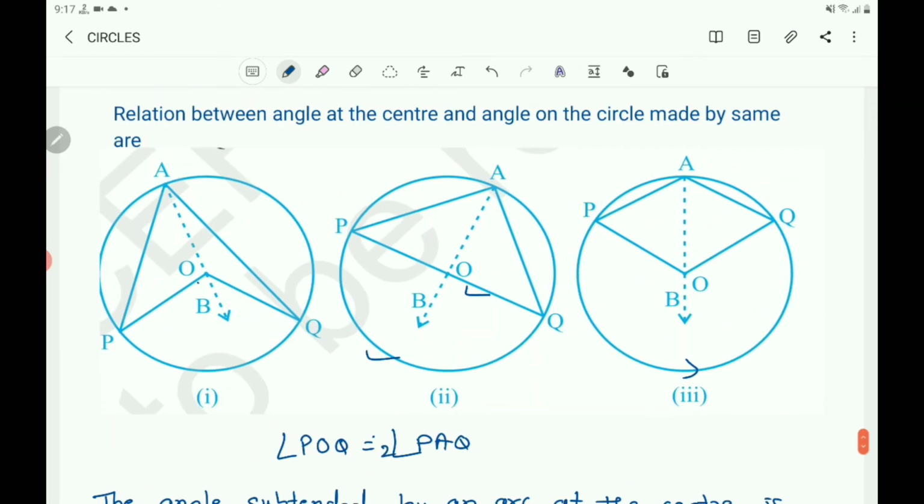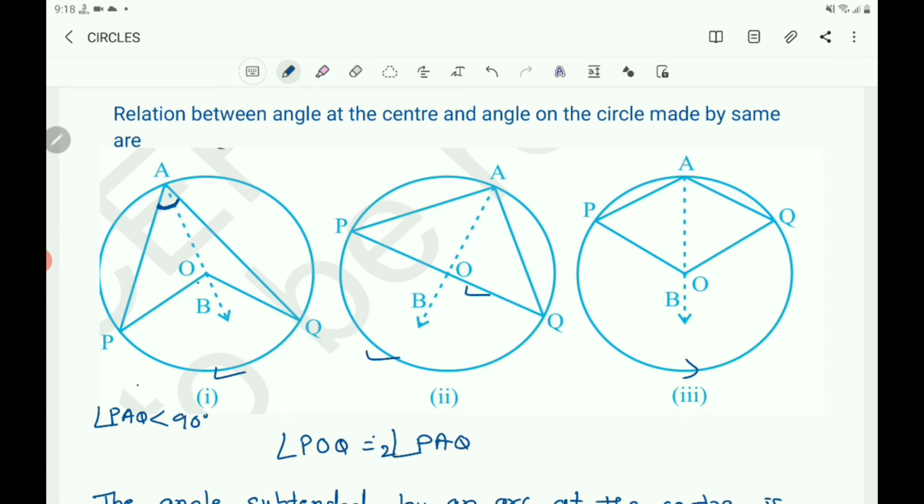Now here you observe this is an arc PQ and this is the angle in the major segment. And if you measure, you will get this is less than 90 degree. Angle PAQ is less than 90 degree.